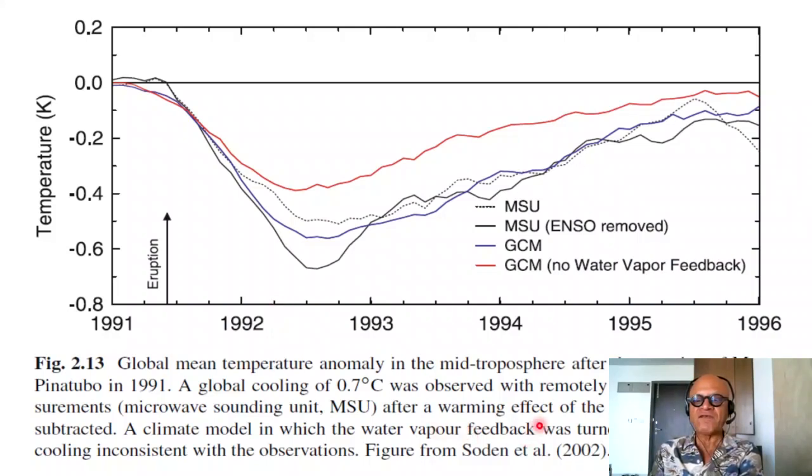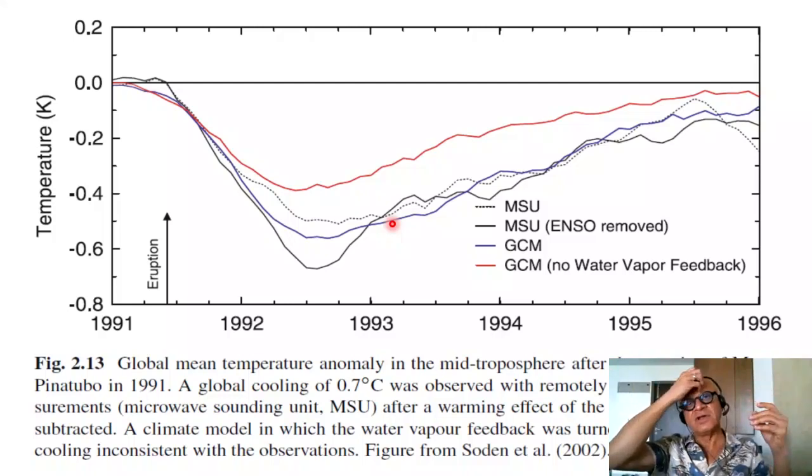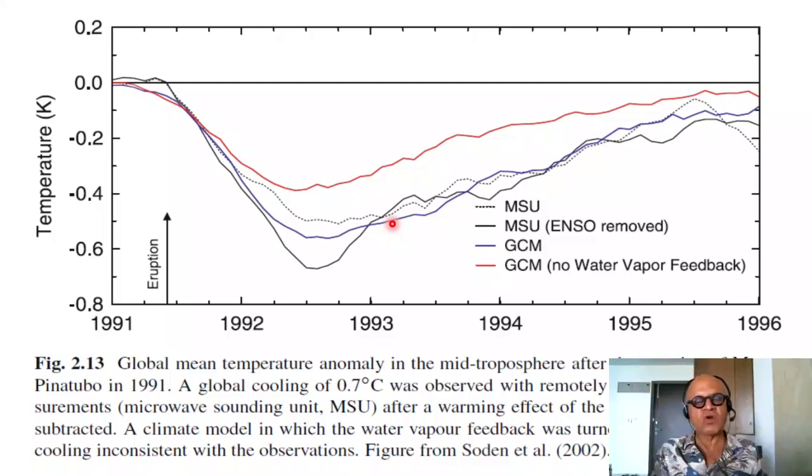So after the warming effect of the 1992-93 ENSO was subtracted, you can see that there is the MSU and there is the MSU with the volcanic El Nino impact removed. So remember that El Nino is taking the heat out of the ocean and redistributing it and releasing it to the atmosphere. So El Nino causes a mini global warming when the event is big enough. And so if you remove that, you see that the volcanic impact was much larger in terms of global cooling.